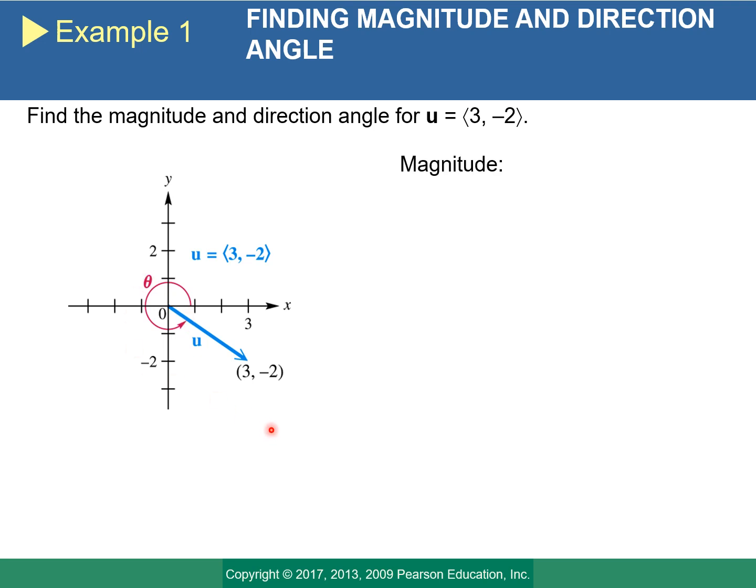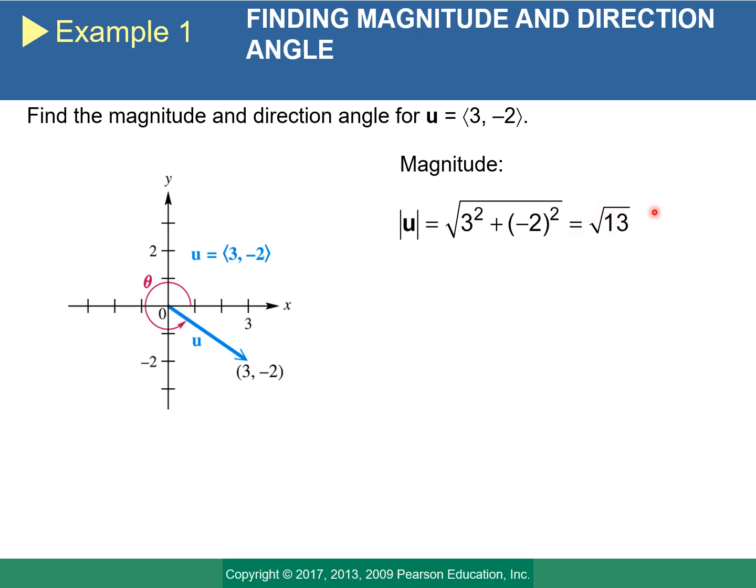And so for your magnitude, the formula we just wrote down, think about forming a triangle here with your vector and the positive x-axis, and it's essentially the Pythagorean theorem. So our magnitude is the x or horizontal component squared, which is 3, plus the vertical component, negative 2, squared. So the magnitude or length of this vector is square root 13, which is about 3.6.